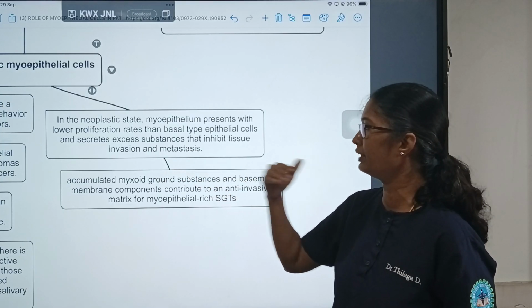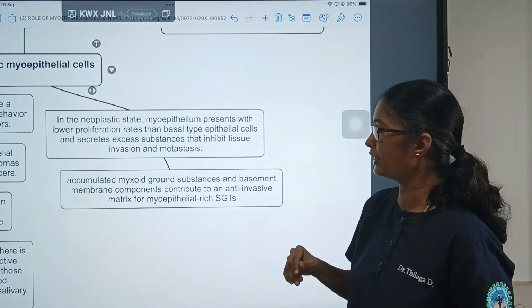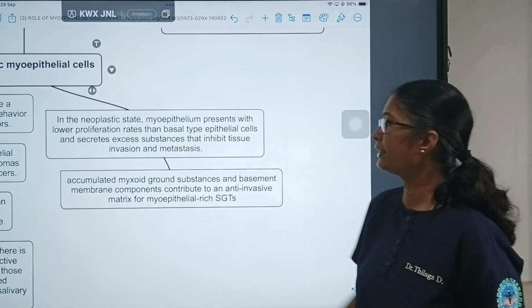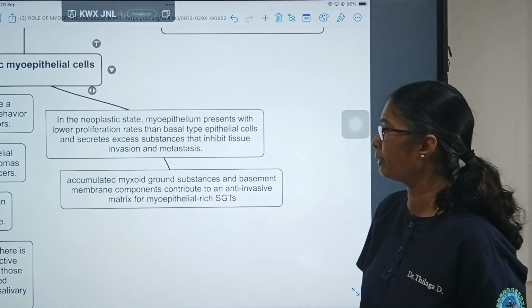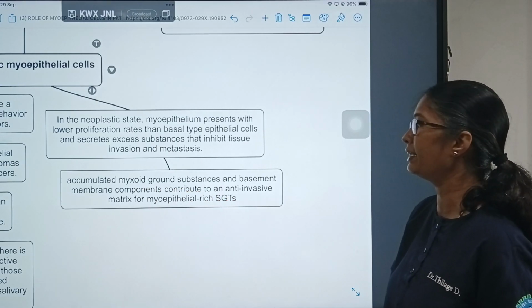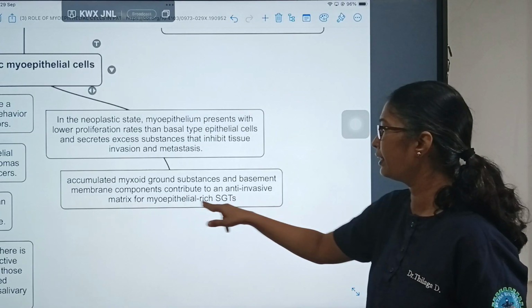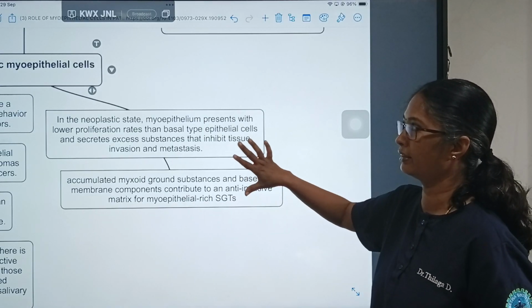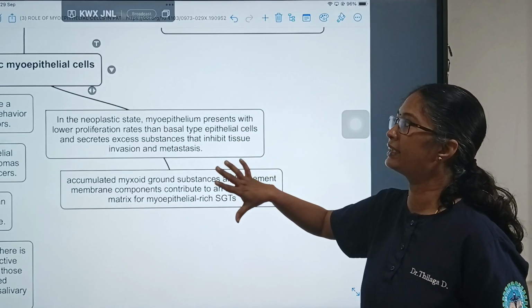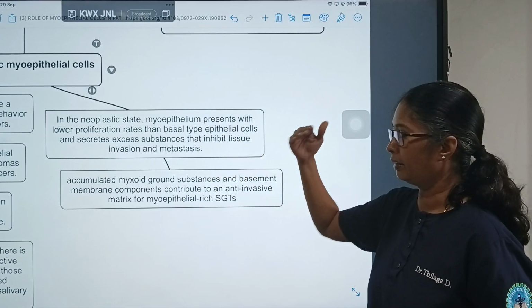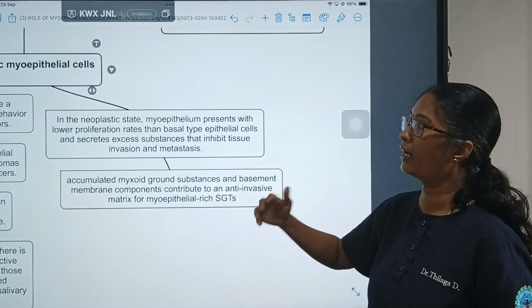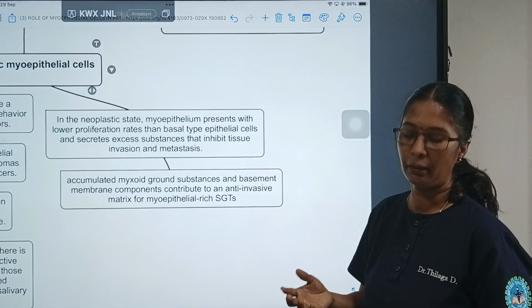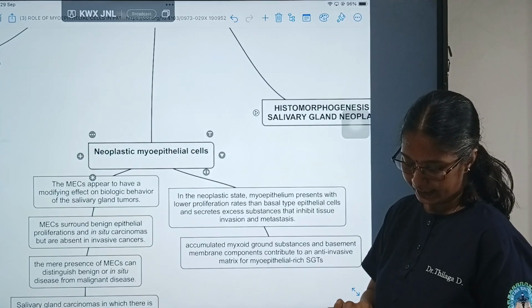So it tries to prevent the invasion of cancer into the connective tissue. An accumulated myxoid substance and basement membrane components contribute to an anti-invasive matrix of myoepithelial salivary gland tumors. So myoepithelial cells are very important in preventing the progression of cancer and in distinguishing between a benign and a malignant lesion in a salivary gland tumor.